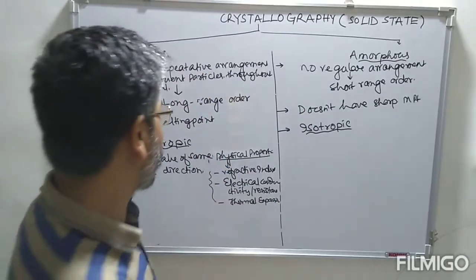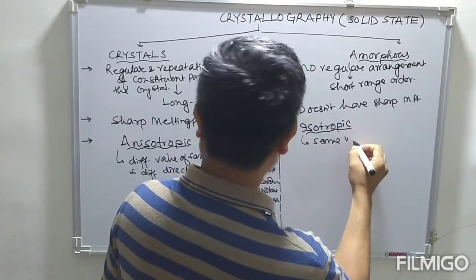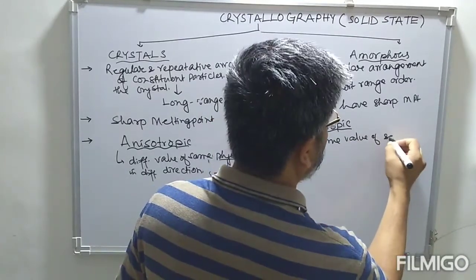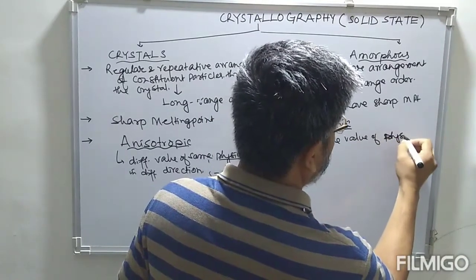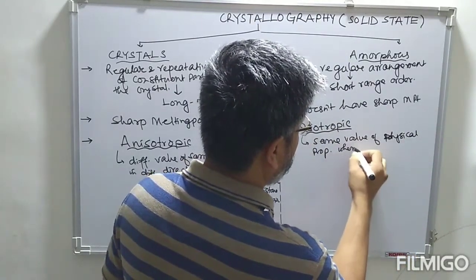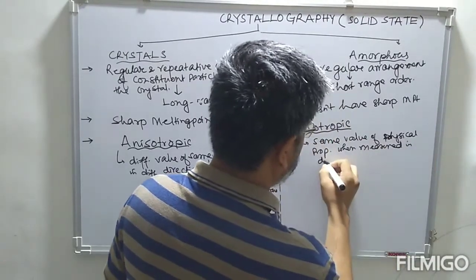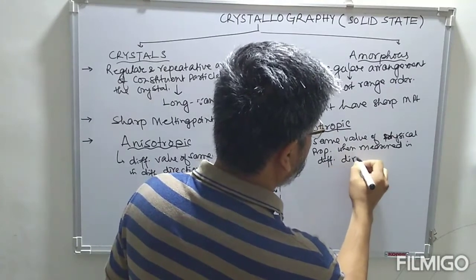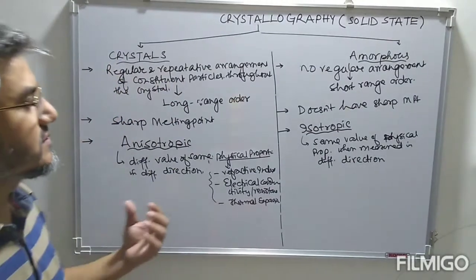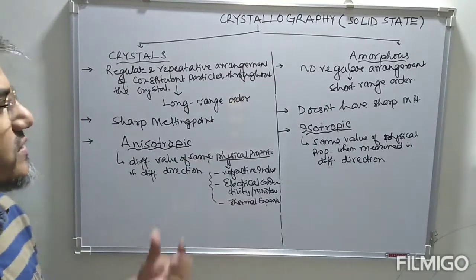That is known as isotropic. Same value of physical properties when measured in different directions. So this is one of the most important criteria or differences between crystalline compounds and amorphous compounds.